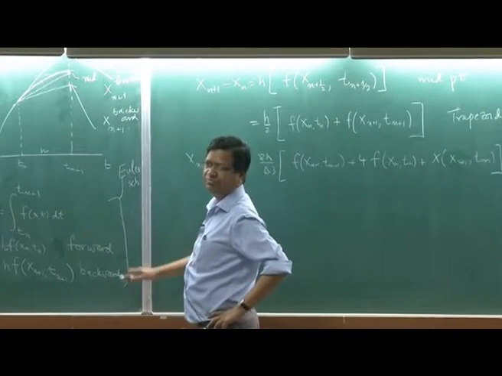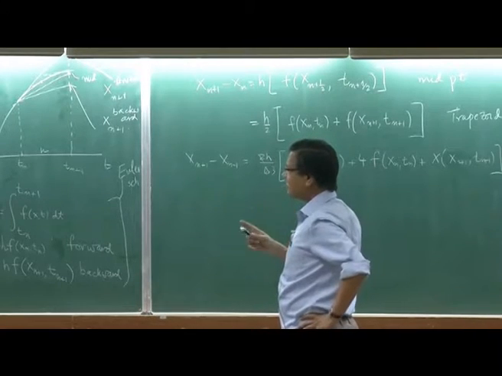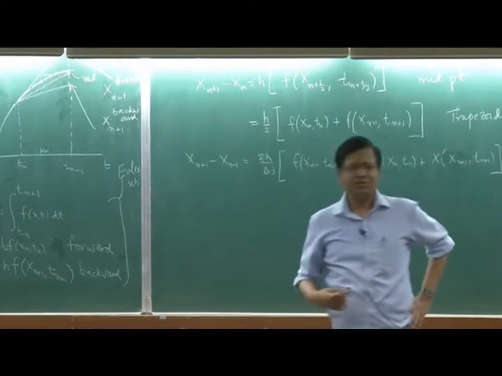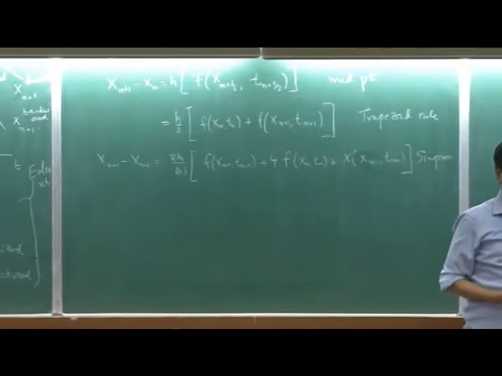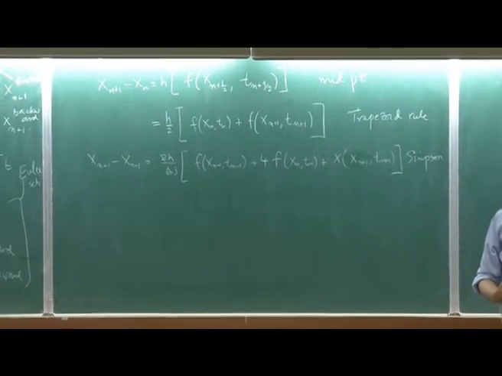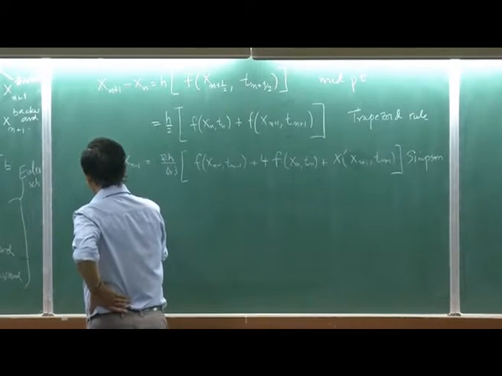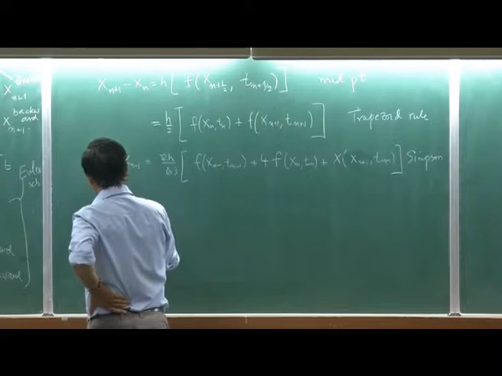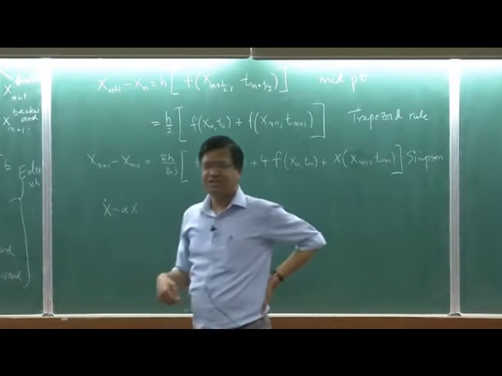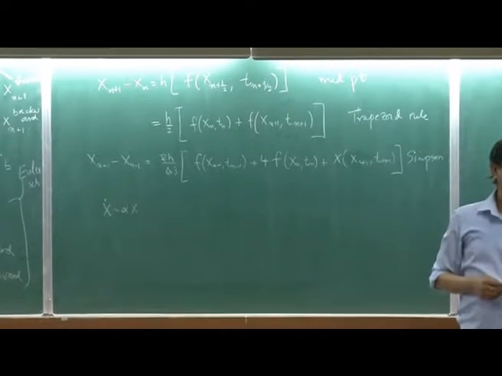Euler forward. Now, let's keep it very simple, so that I can get exact formulas and see how good my Euler scheme is doing. The example I am going to use is x dot equals alpha x, where alpha can be positive, negative or complex. I will allow all possible alphas.